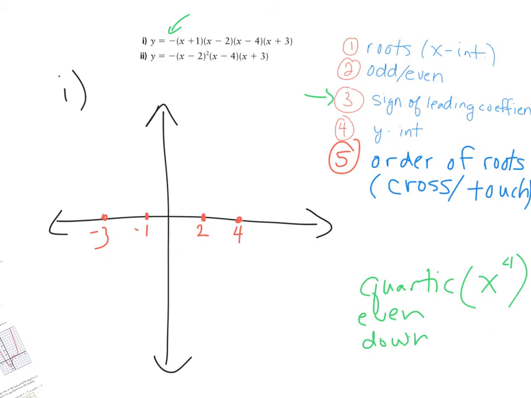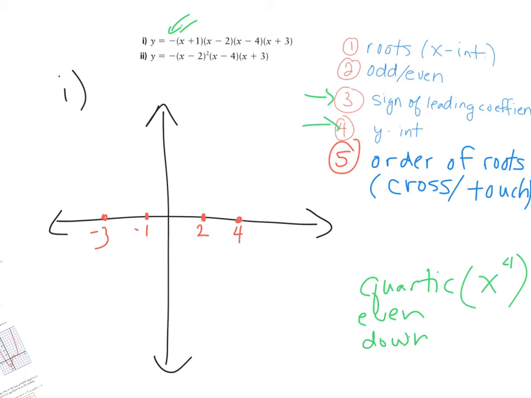And so the last thing I can do, if I want to, is find that y-intercept to help me as a fifth coordinate here. So if I substitute in 0 for each of my x values, I'm going to end up with 1 times -2, which gives me -2 times -4, which gives me +8.